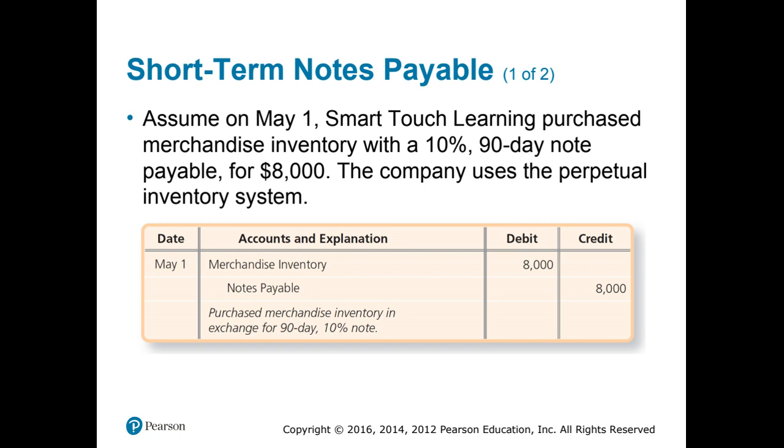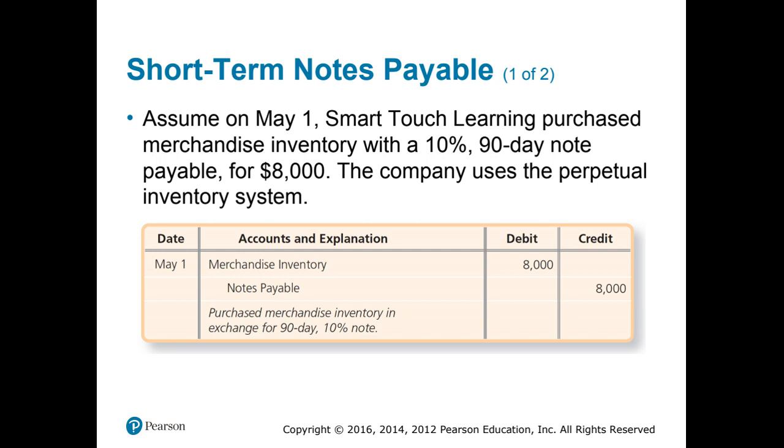So assuming on May 1st that we purchased merchandise inventory with a 10% 90-day note payable for $8,000. So we have a note payable, it's 90 days for $8,000, and it's got a 10% rate on it. The company uses the perpetual inventory system.